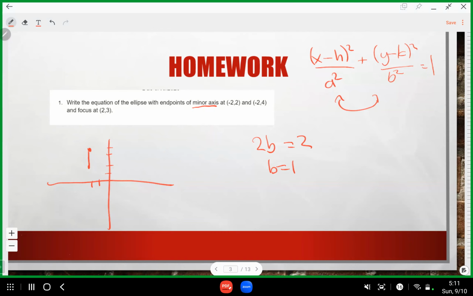Then it says we have a focus at 2, 3. Okay, something went wrong here. I think I meant center. That shouldn't be correct.